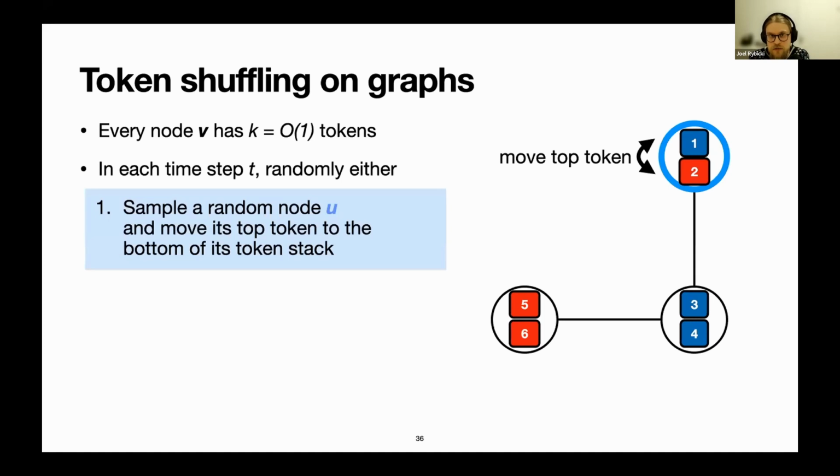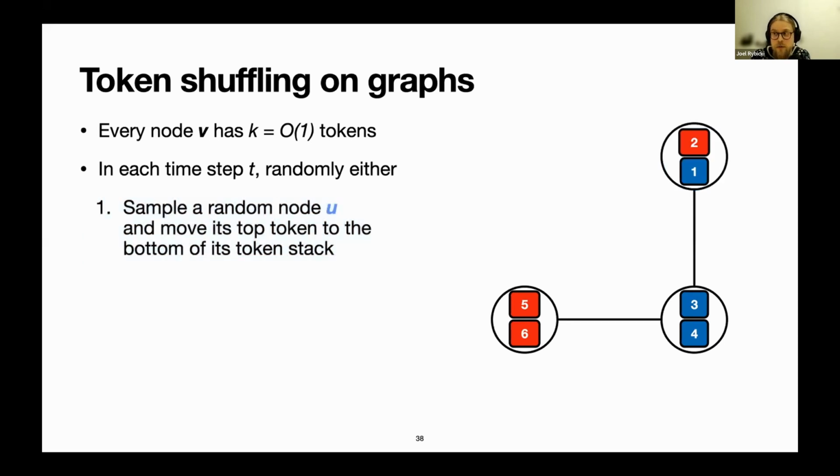In the first operation, we sample a node U uniformly at random among all the nodes in the system. Then we look at the stack of tokens held by the node U and move its top token to the bottom of its stack. So in this example, the highlighted node in the top right corner holds two tokens labeled 1 and 2, and it swaps the order of these tokens when applying this rule.